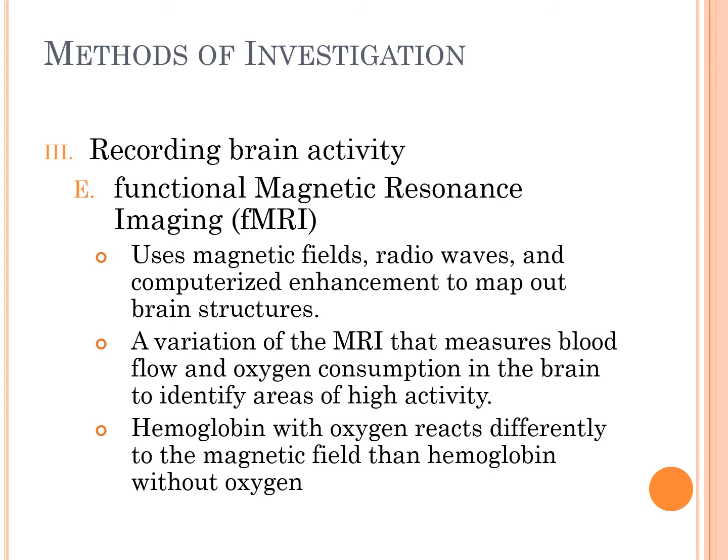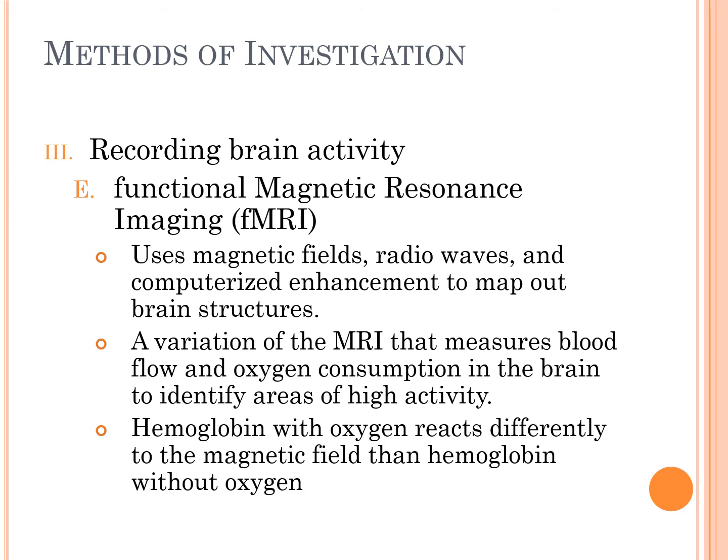We use this variation of the MRI. The functional MRI measures blood flow and oxygen consumption in the brain to show us where we have high activity. It's sometimes called BOLD, so blood oxygen level dependent imaging. And so what's happening is hemoglobin, our blood, has a ferrous component to it, so it lines up in a certain way in the magnet, like little tiny magnets.